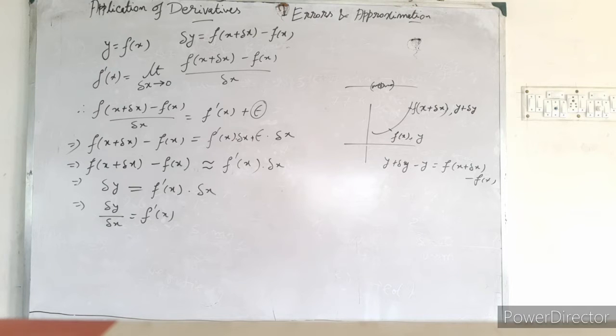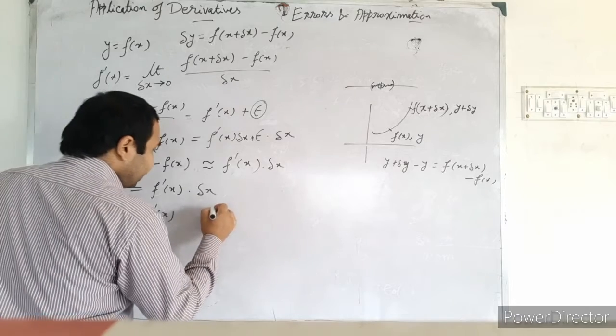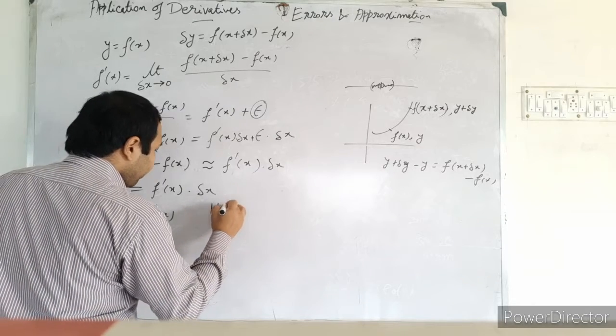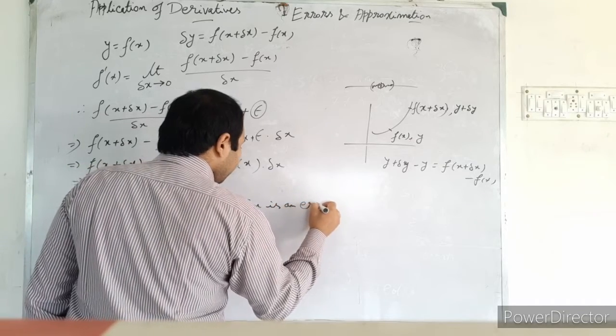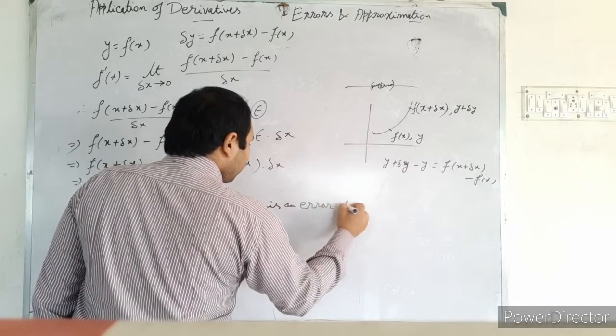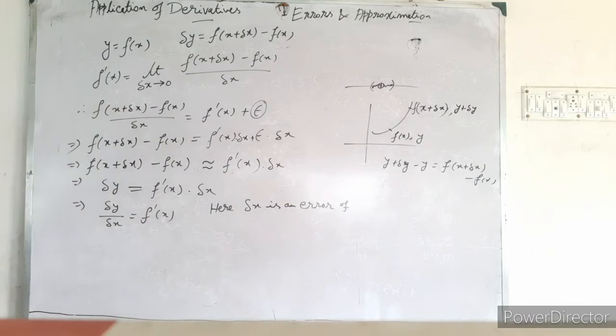So here students, this del x is an error corresponding to the error in y, which is del y. Here I am writing, that is here del x is an error of x.